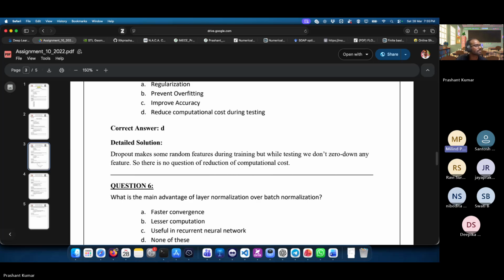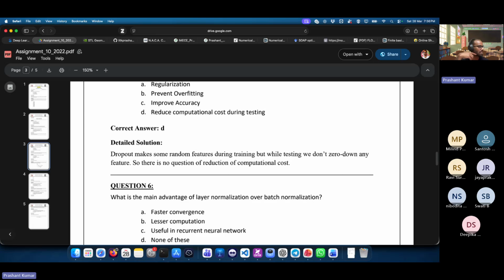What is the minimum layer? Option C should be correct, right? Recurrent neural network, RNN. Because you are saying that it is a function of time, right? We cannot use multiple inputs at a time.